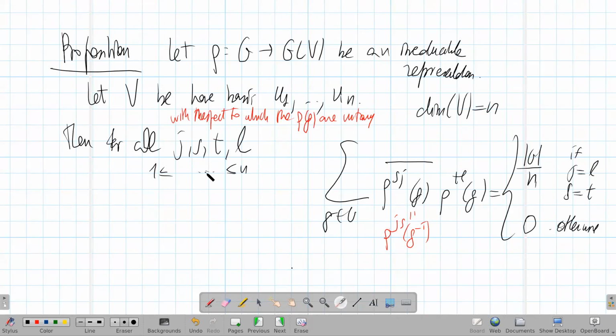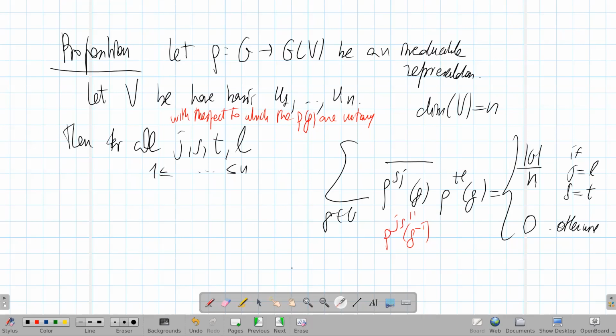So the indices run from 1 to n. And then you have that this is 0, unless the indices are exactly the same, so S equals T and J equals L. And then you get the order of G divided by n, the dimension of V.